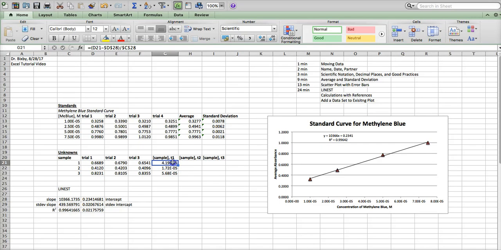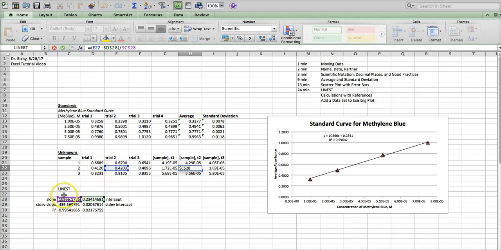And now that that's fixed, I can drag this over, copy over to the next two, and let's look at where they are. Okay, so now I'm doing trial 2 of sample 2, and I'm still referencing the slope and the intercept. So I can copy down and I can copy over, and those two references will remain static.